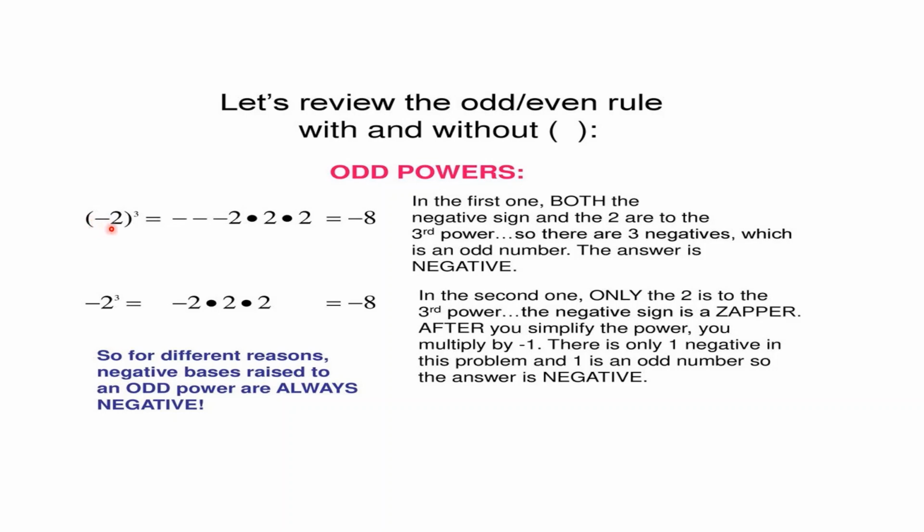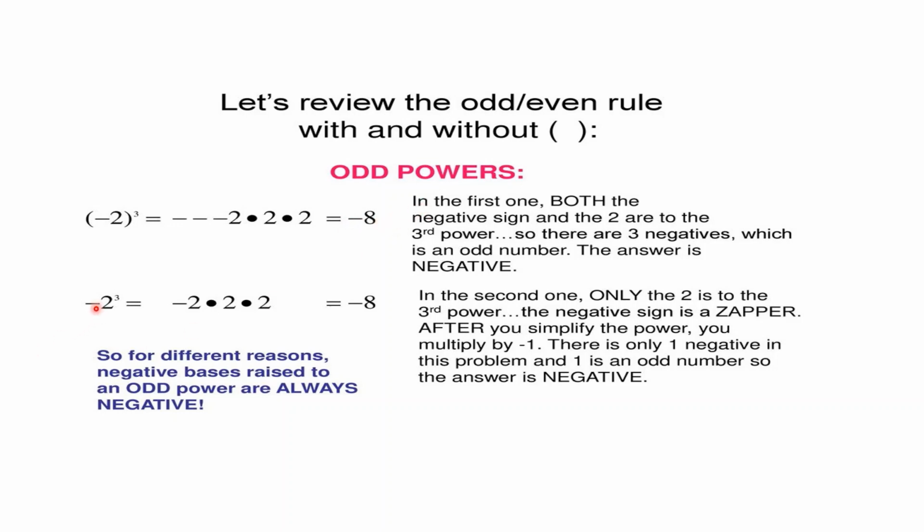I have negative 2 to the third power in parentheses. This is basically I'm multiplying negative times negative times negative, or negative 2 times negative 2 times negative 2, which will give you a negative 8.